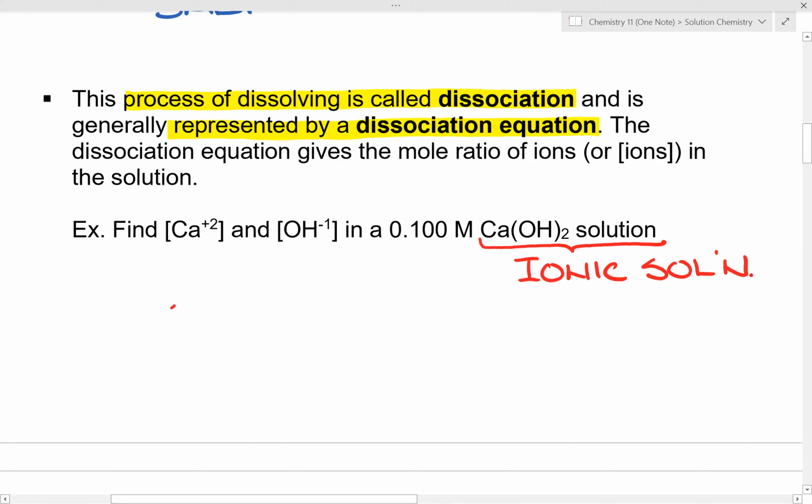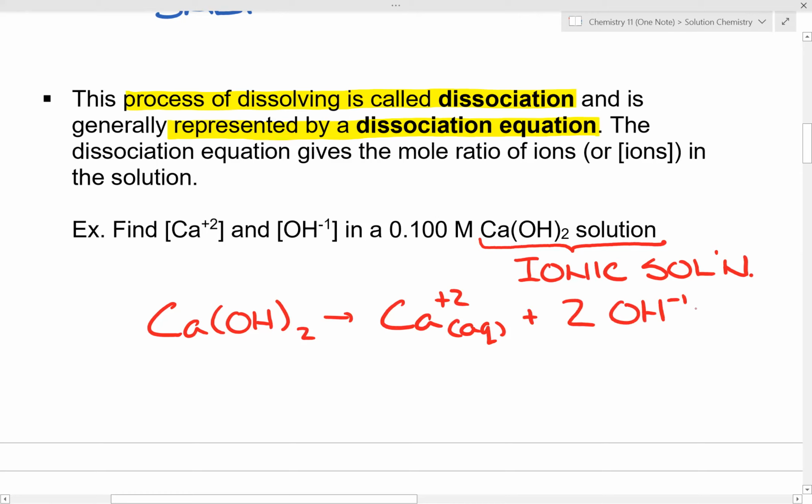So here we have calcium hydroxide breaking apart to Ca2+ aqueous and 2 OH- aqueous. Again, where do we get the charges from? You get it from the periodic table or your table of polyatomic ions. And why is there a 2 in front of the hydroxide?